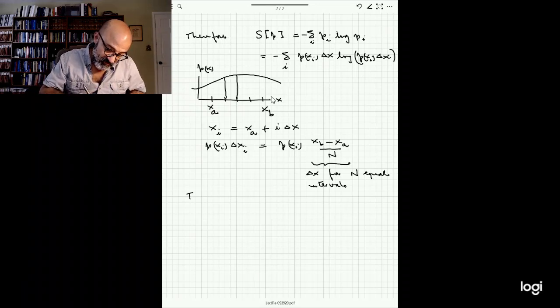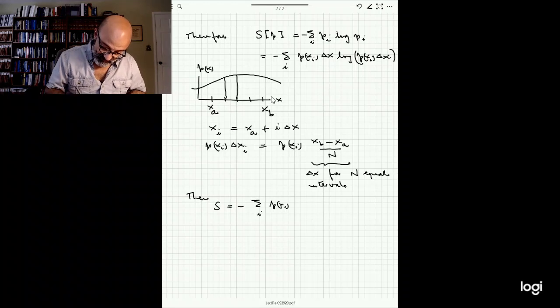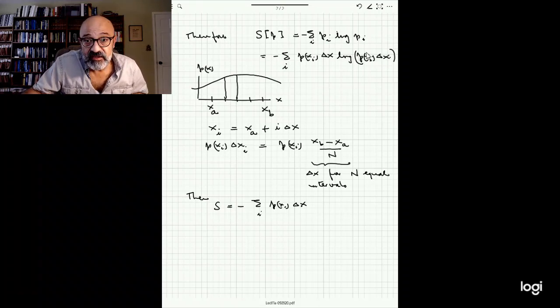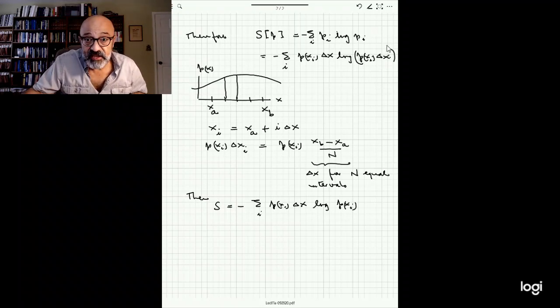Then the entropy is minus the sum p(xi) dxi. Let's just keep writing this dx like that, and then I'm going to write the log in two pieces. I'm going to write the log of p(xi) times delta x.